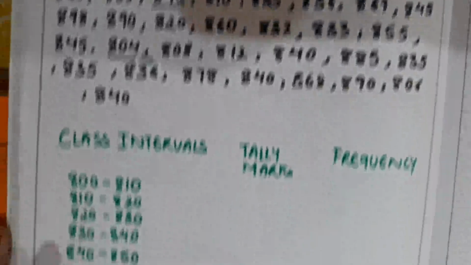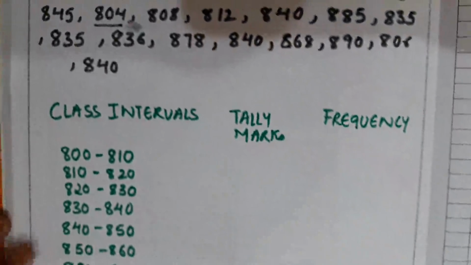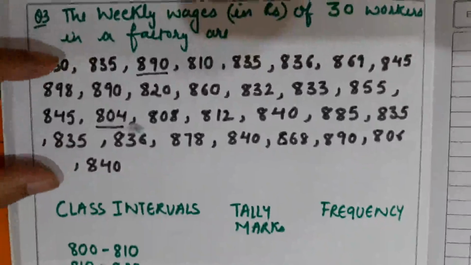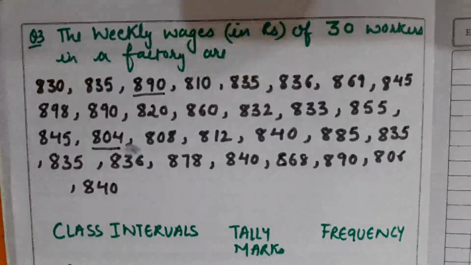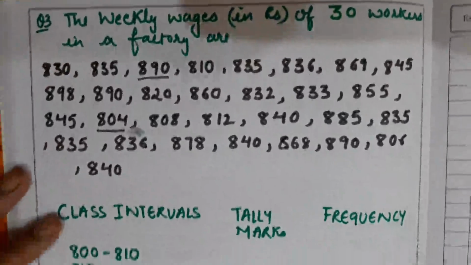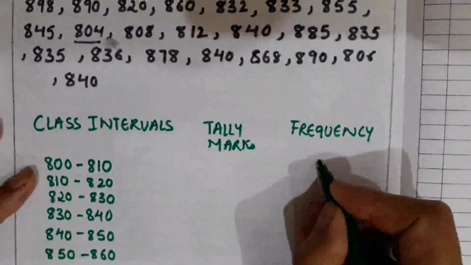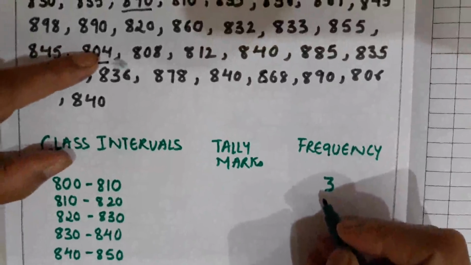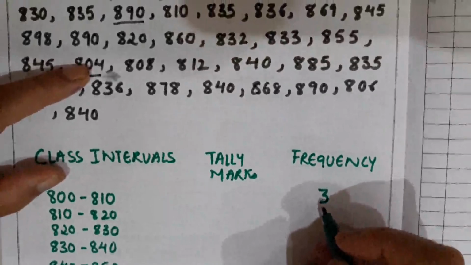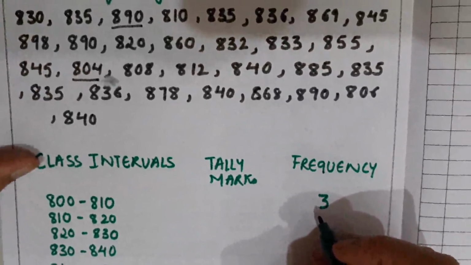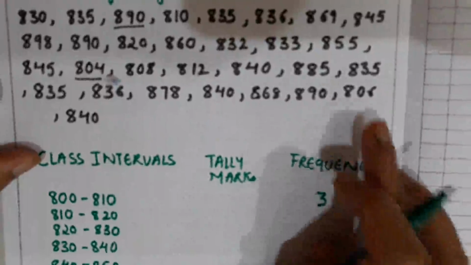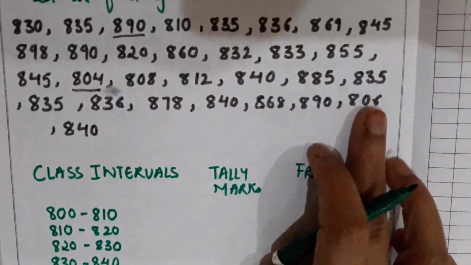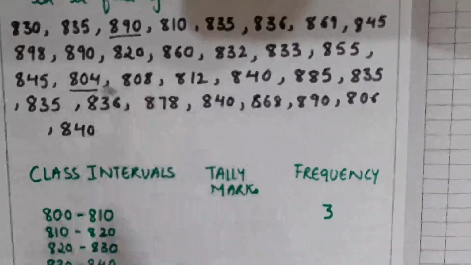So let's make a list. Between 800 and 810 you have to find out from this data. We have a total of 3 options: 804 is there, 1, then 806 will come in this category, 2, and 808 comes in this category.